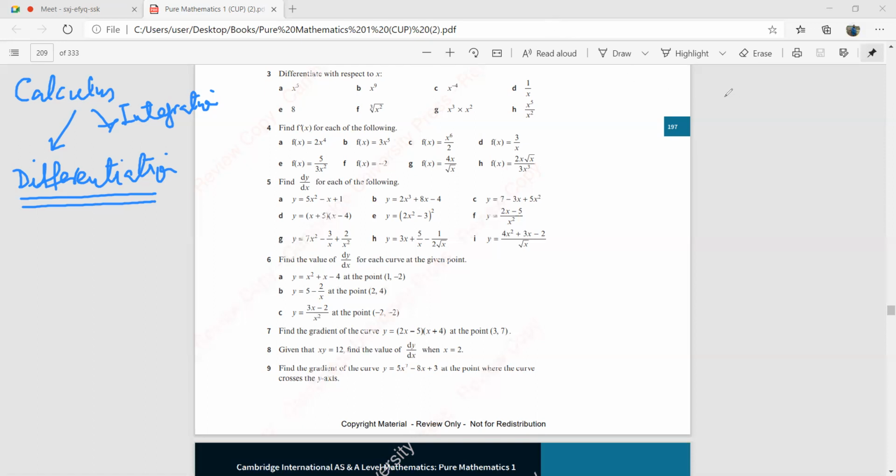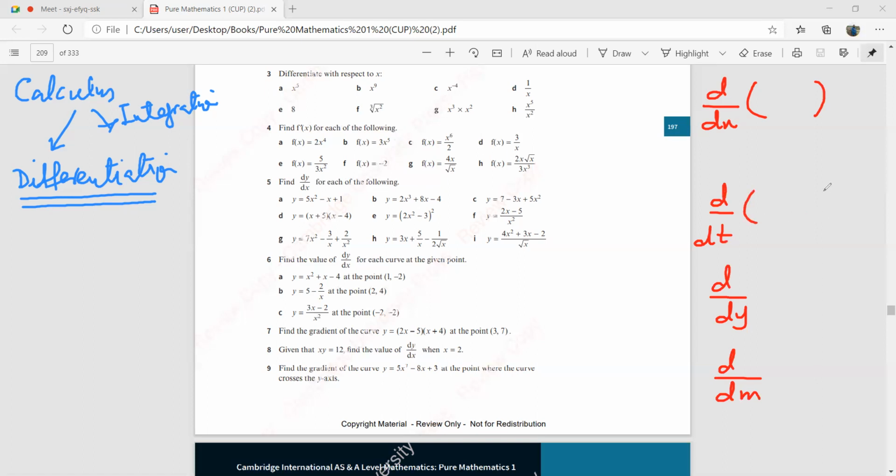So d by dx, you will see this many times. d by dt, d by dy, d by dm. This means the derivative of something, and this dx means with respect to x.